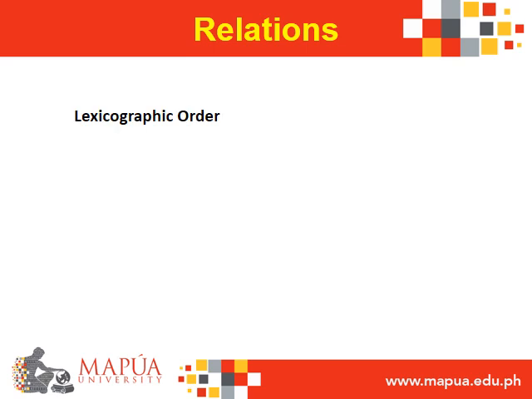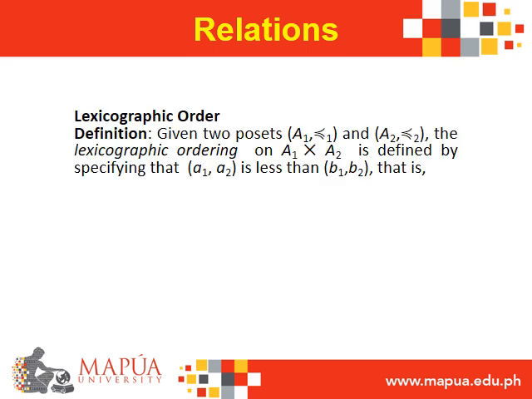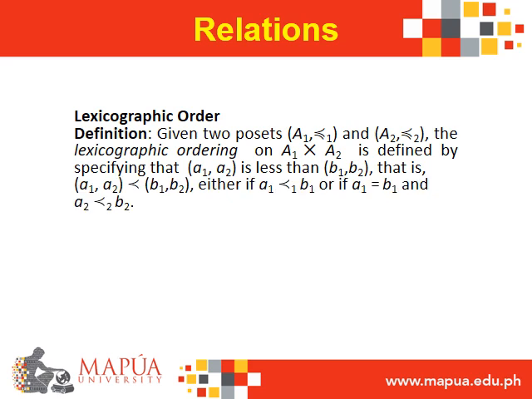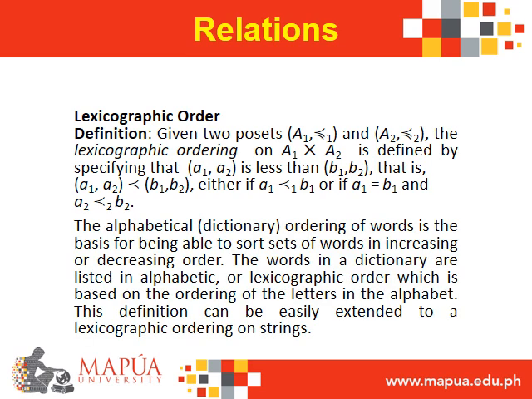A lexicographic order involves two posets, or partially ordered sets, and the lexicographic ordering on the product A1 times A2 is defined by specifying that (a1, a2) is less than (b1, b2). That is, depending on whether their corresponding values are greater than or less than, there is a certain arrangement in which they are written in your given relation set.